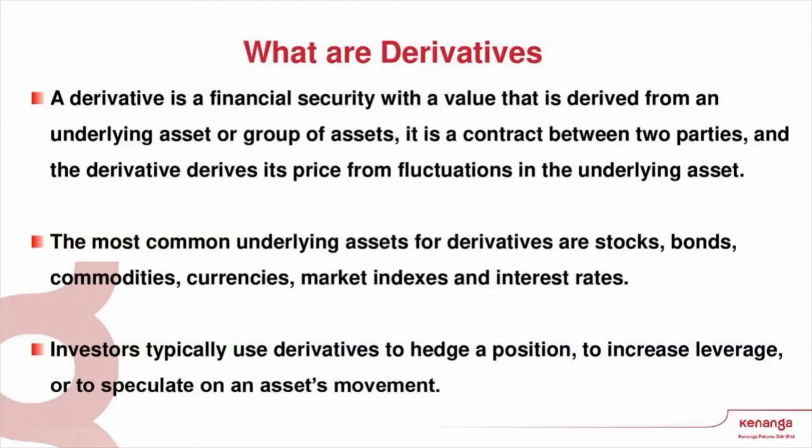So the most common underlying assets for derivatives are stocks, bonds, commodities, currencies, market indexes, and interest rates. So the investor doesn't own any of the underlying asset and instead uses derivatives to make a bet on the price direction of the underlying asset.